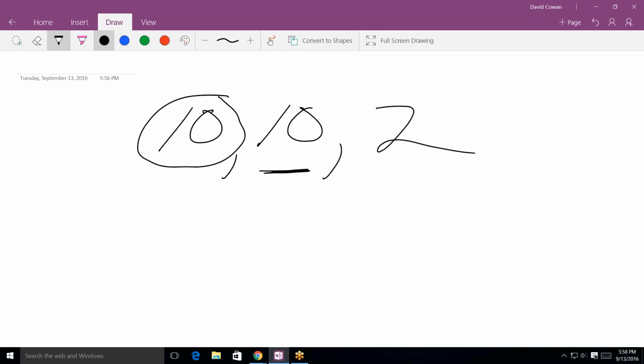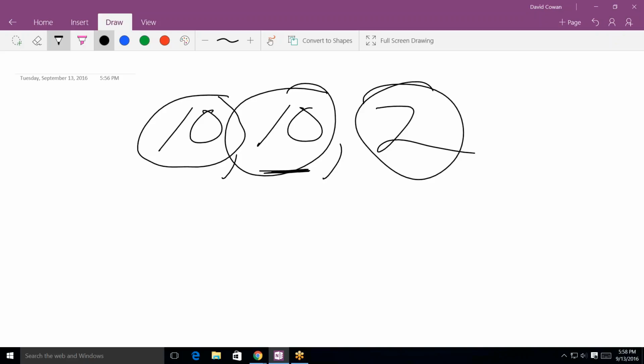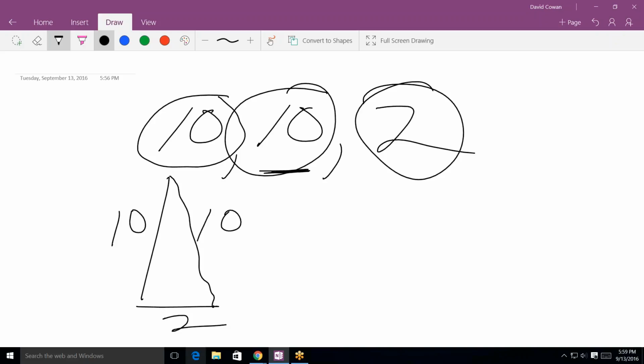This one over here, 10 is less than 12, 10 is greater than 8, that one works. And 2 is less than 20 and greater than 0, so that one works. And what would this triangle look like? Maybe like this. 10, 10, and 2.